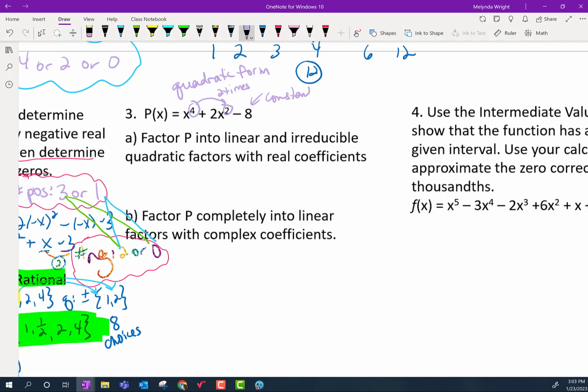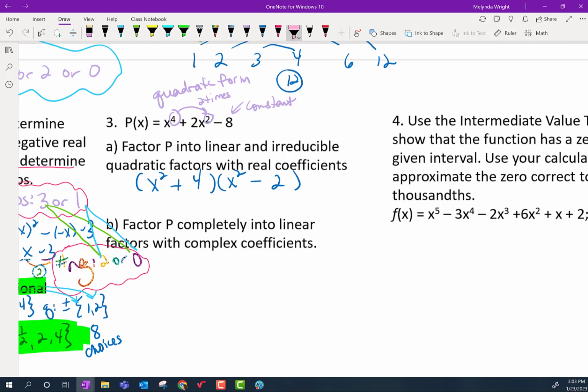That's called quadratic form. And when we're in quadratic form, we can factor like FOIL, to where x to the 4th is x squared times x squared. I need two numbers that multiply to get -8 and add to get 2, which gives me a +4 and a -2.